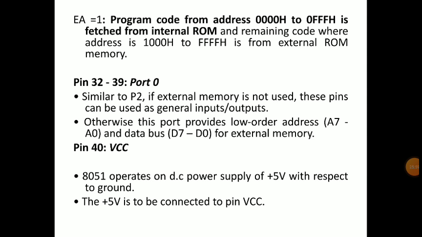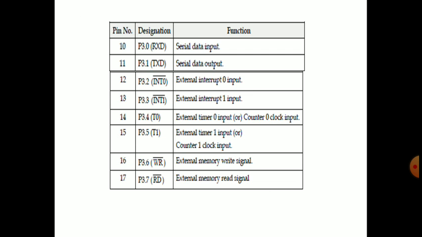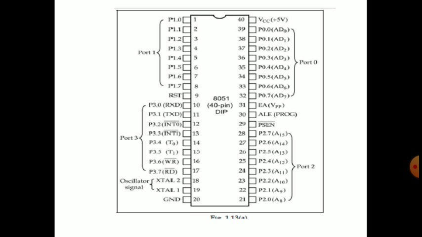And pins 32 to 39 are port 0. Similar to port 2, if external memory is not used, these pins can be used as general inputs and outputs. In the diagram you can see that port 0 is multiplexed, used for multiple functions.